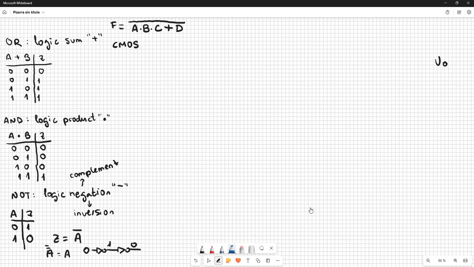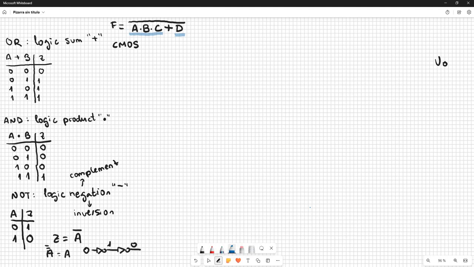So we can focus on these three inputs that are multiplied with the logic product, and the result of these three inputs is summed with the logic sum to another input that is D. So we are going to need 4 transistors in the base and another 4 transistors in the load part, because they are the complementary part.